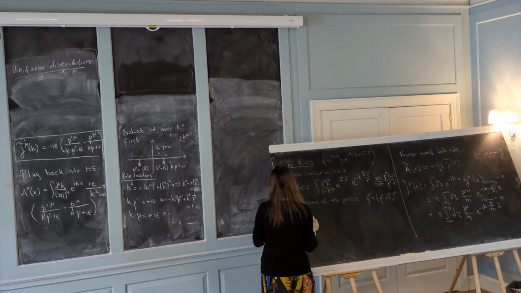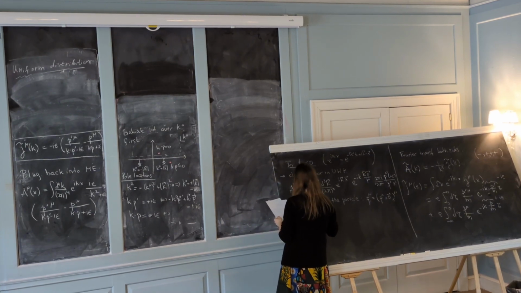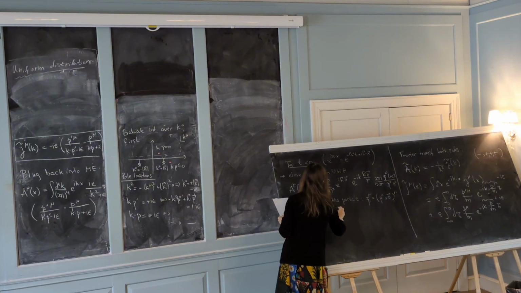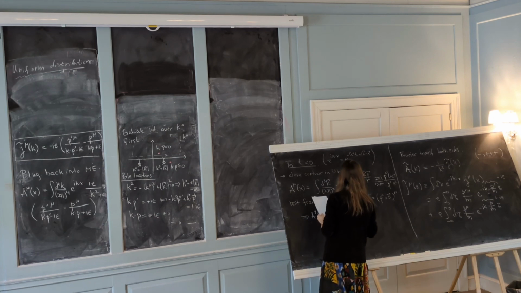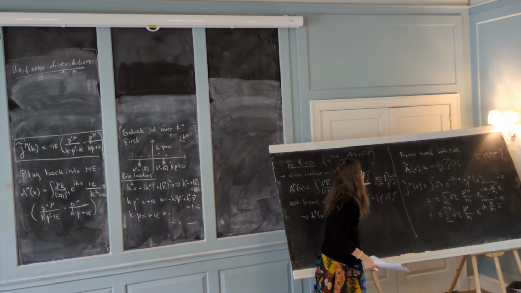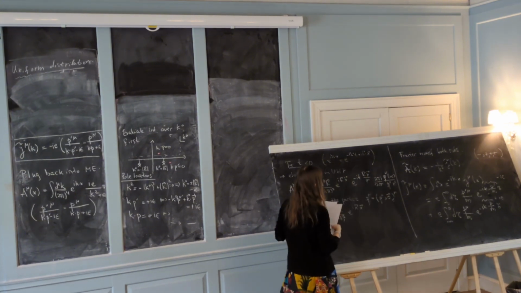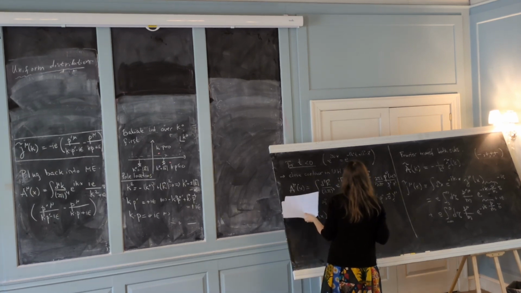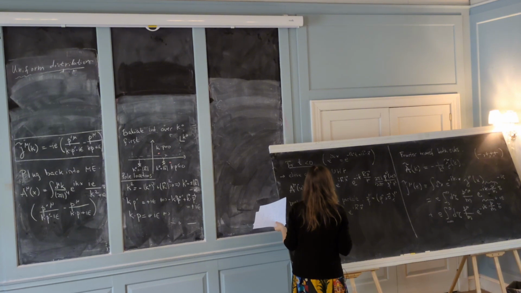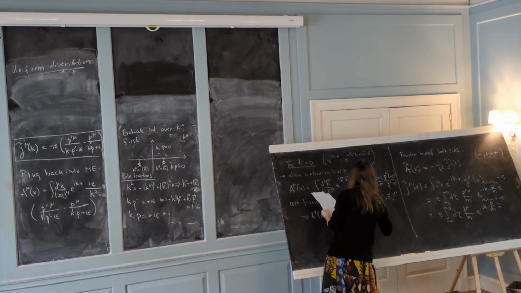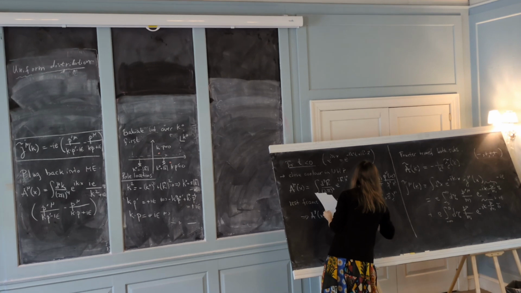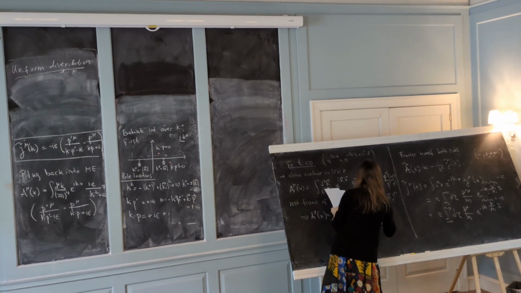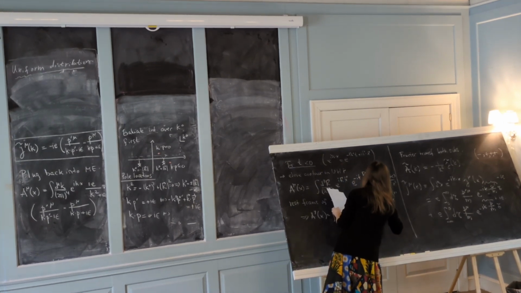Plugging that in, we find that A of x is an integral over k, d3k over 2 pi cubed, e to the I k dot x. So the P 3-vector is 0, so this factor drops out. I can cancel some factors of 2 pi and some factors of I, and we are left with e divided by k squared.